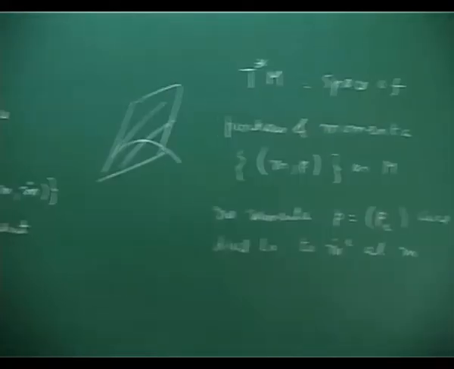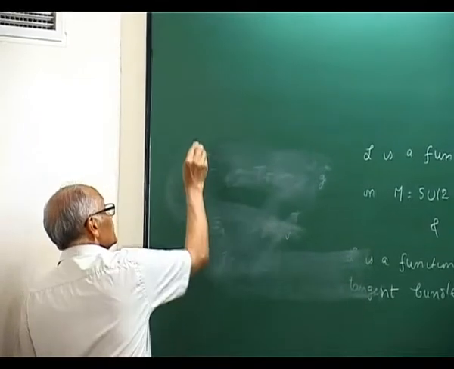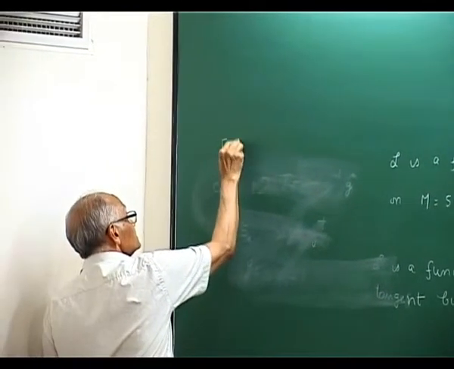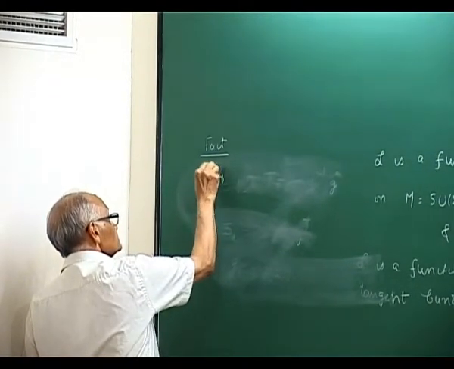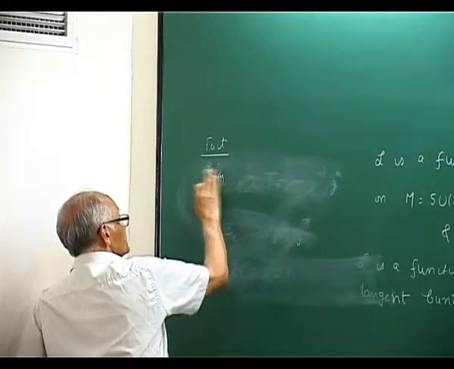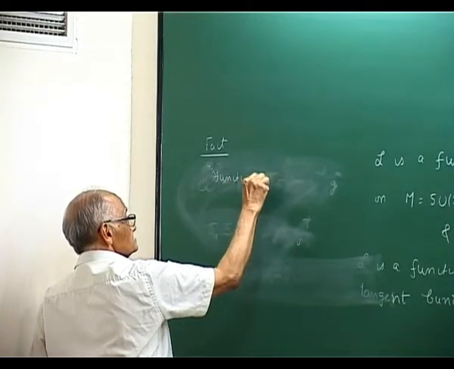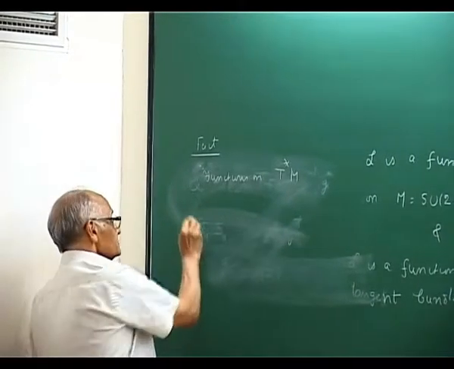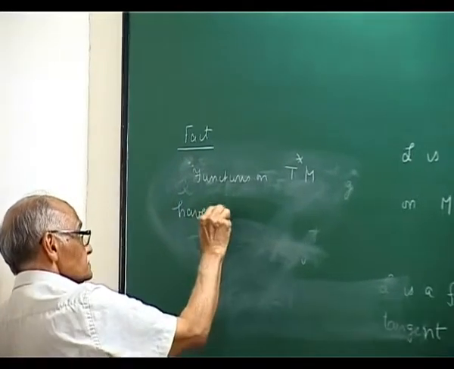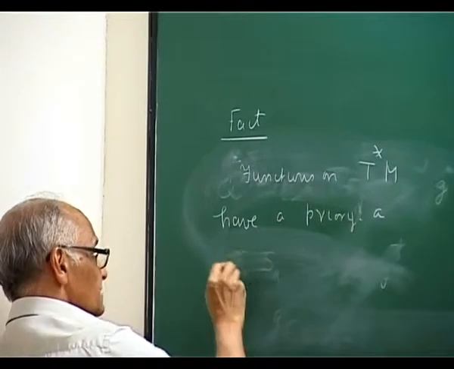Now the second fact is the following. Functions on T star M have a priori a Poisson bracket defined.